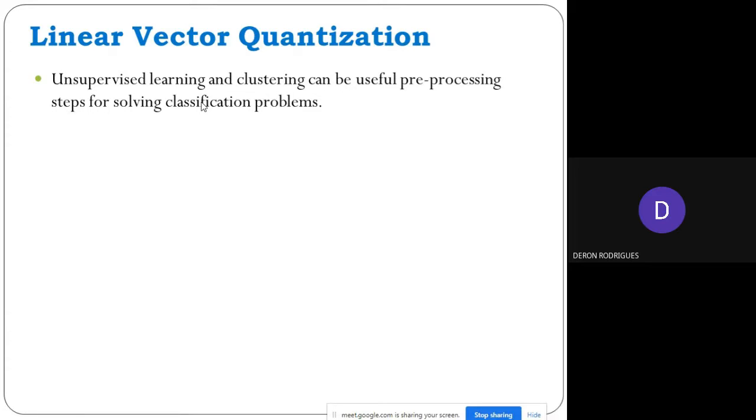Please note, classification problems are supervised learning problems and clustering problems are unsupervised learning problems, as I have told you previously. But here I am using winner-take-all networks, that is an unsupervised learning network, to solve classification problems.